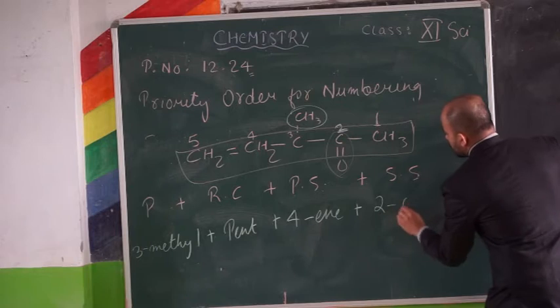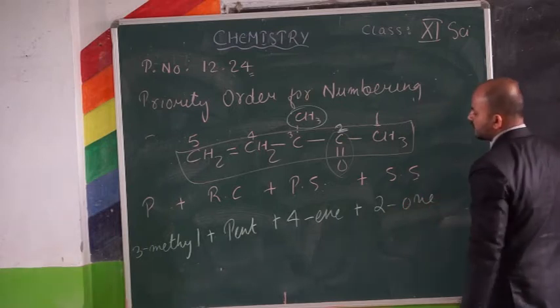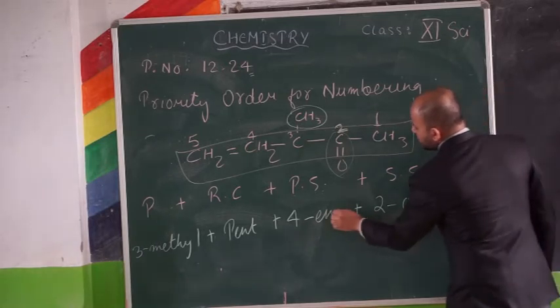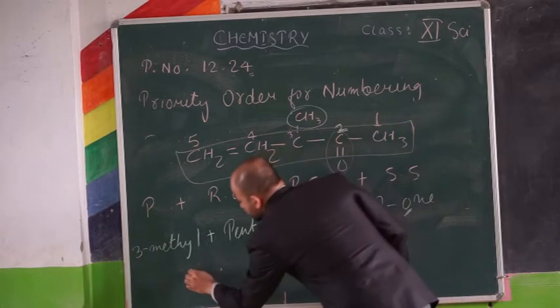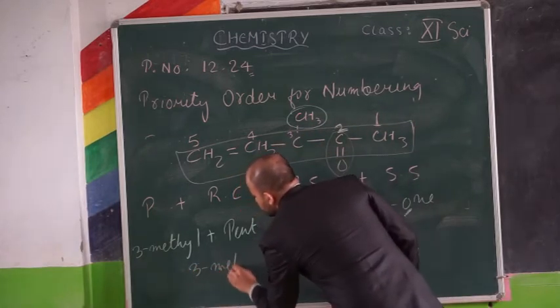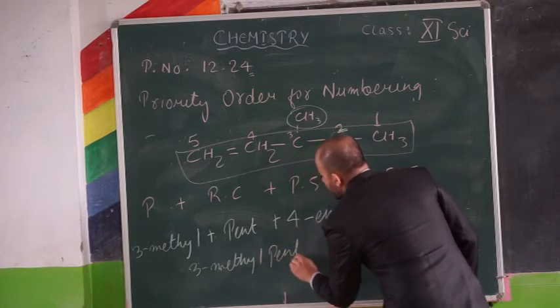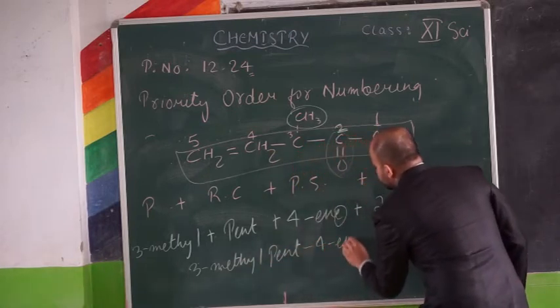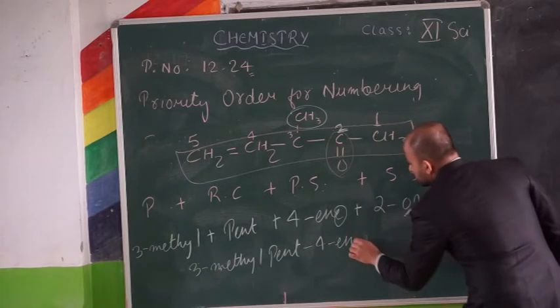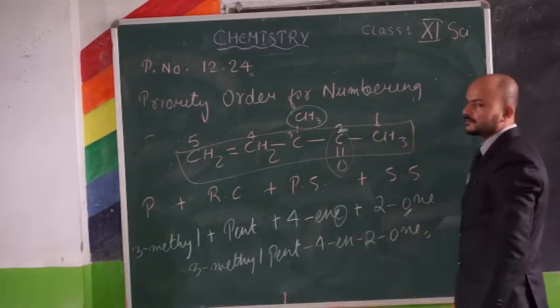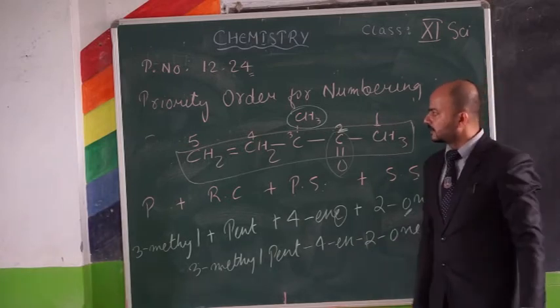So 2-one. While writing them together, since this is a vowel, the e is not written. So the name of this compound will be 3-methylpent-4-en-2-one. This is the IUPAC name of this particular compound.